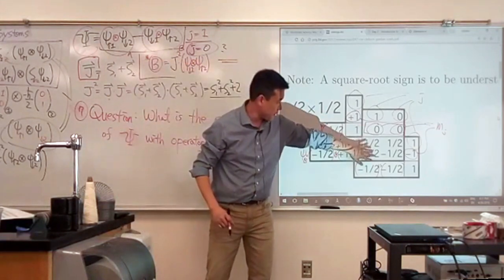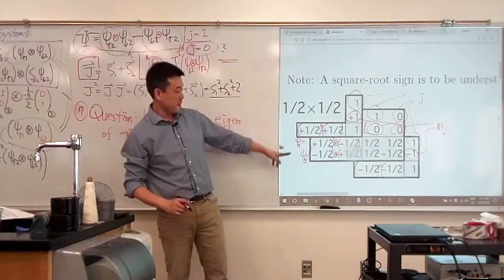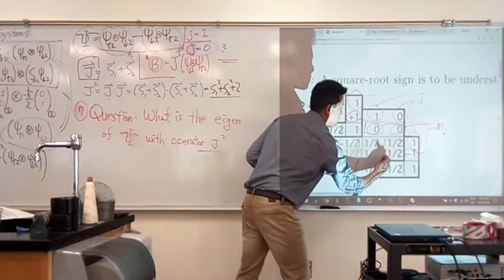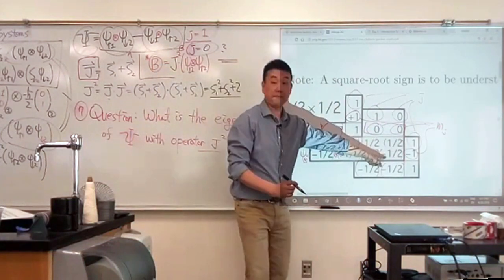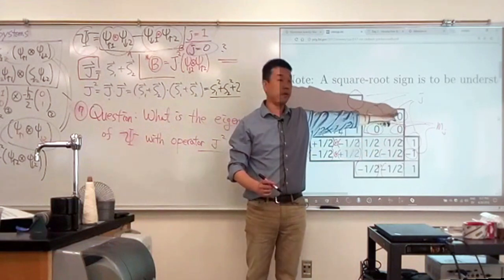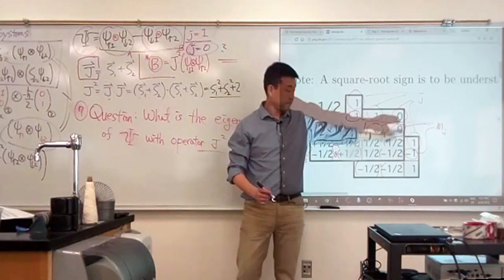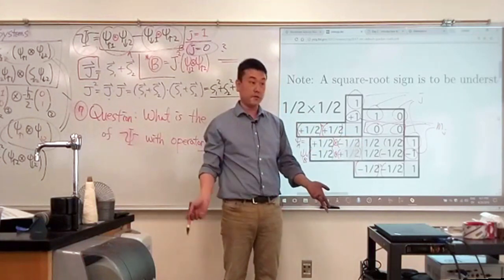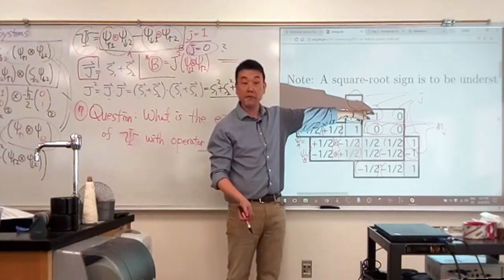And what this is telling you is to add these two states with a minus sign in front of them to end up with a total angular momentum 0, and add the states with the same sign to end up with a total angular momentum 1.